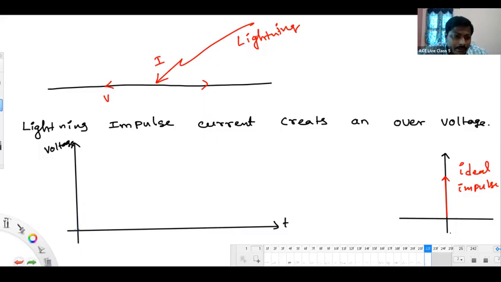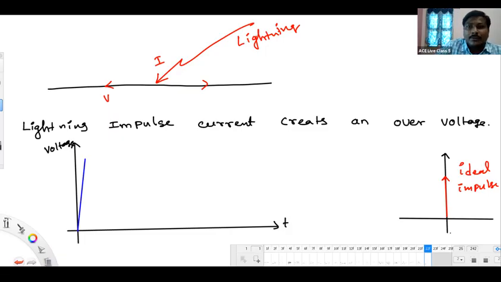It will be almost along with the voltage axis, something like this.